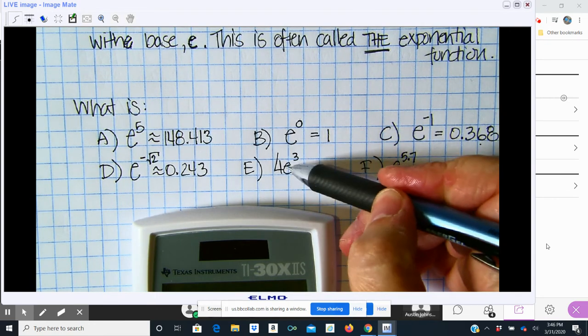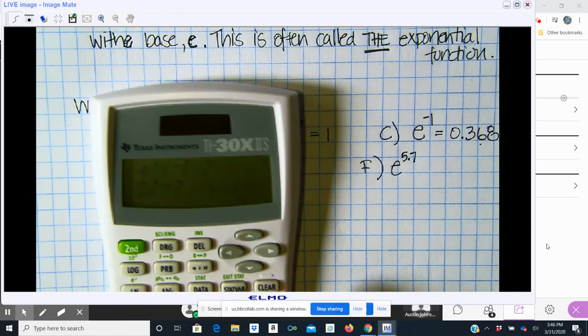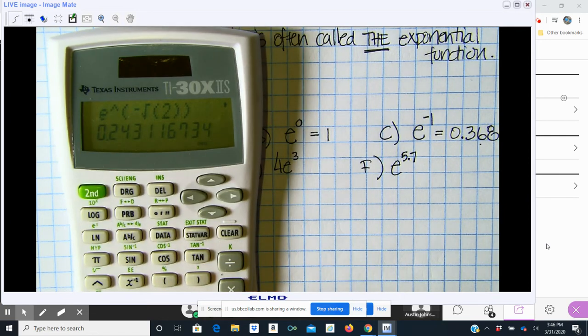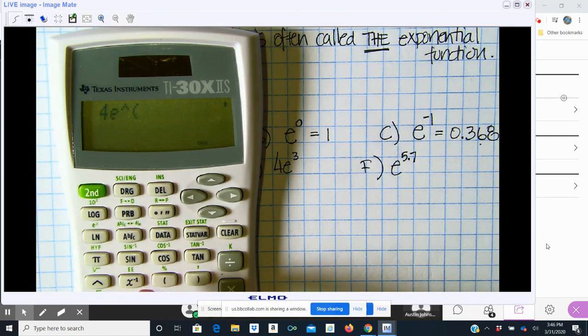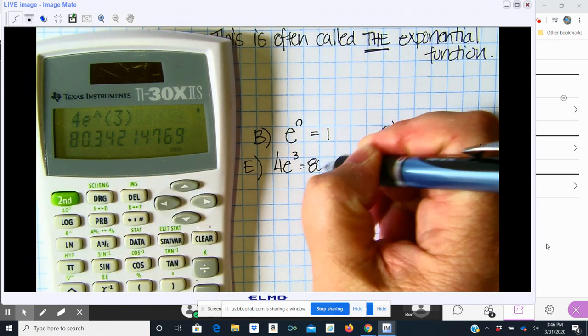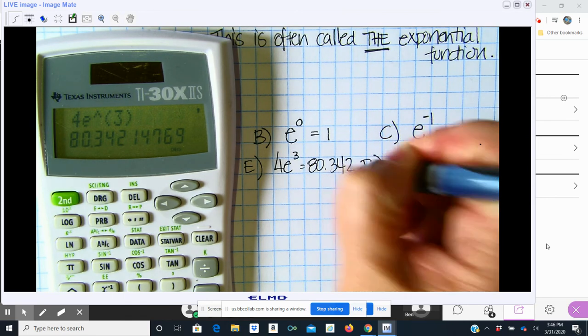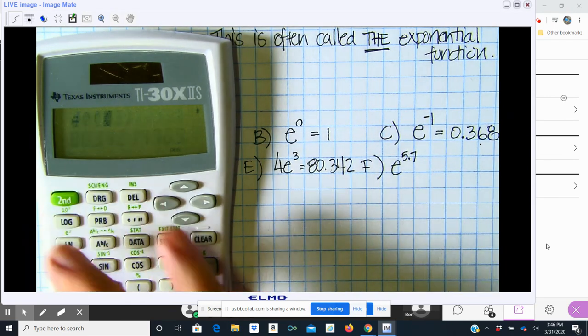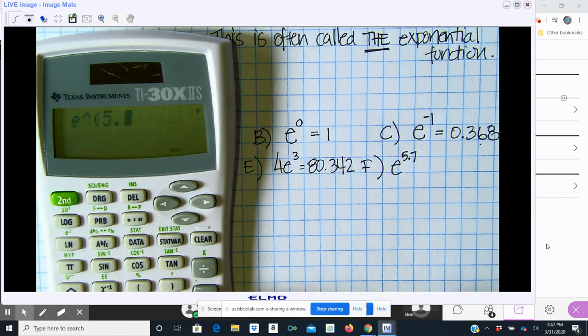If I have to have 4e to the third, that's just order of operations, 4e to the third, 80.342. And e to the 5.7 would be done just as any other power.